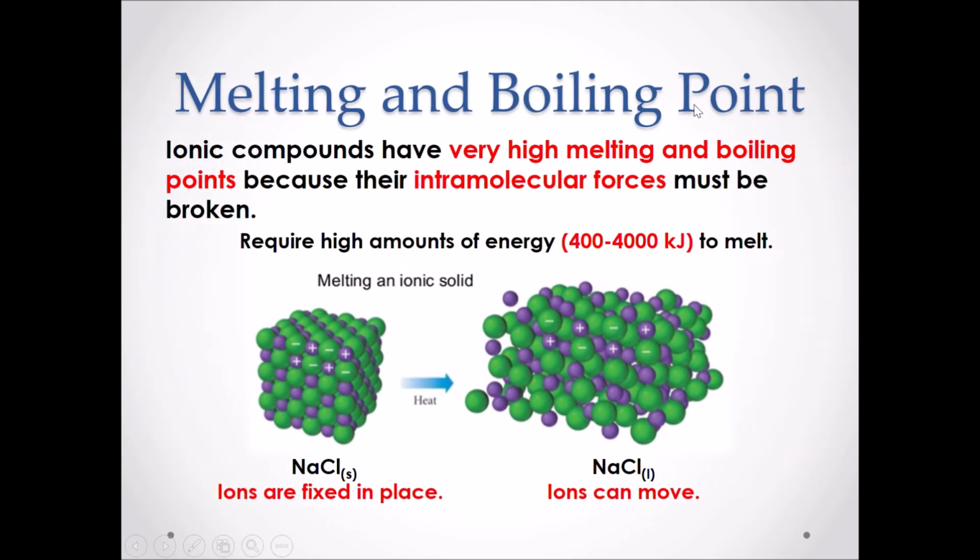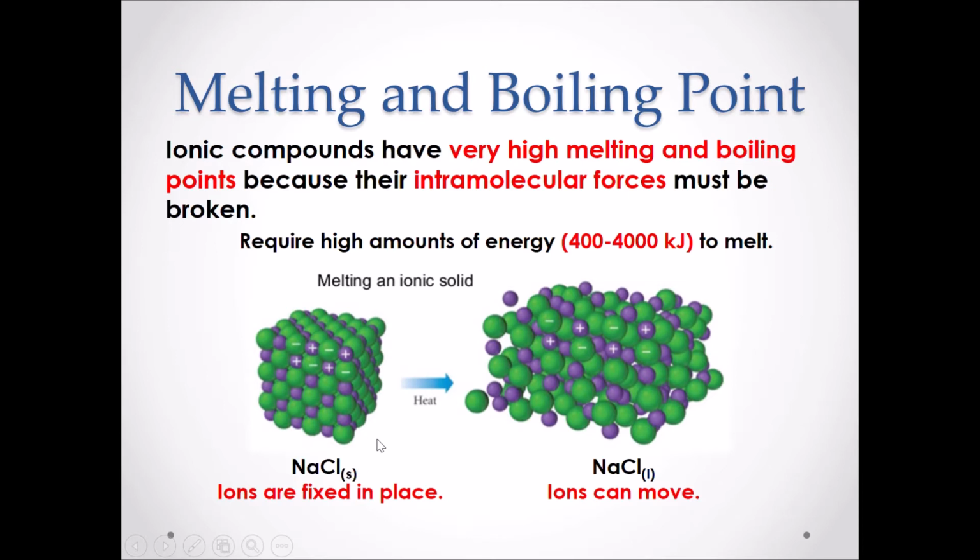Melting and boiling points of ionic compounds. Ionic compounds have very high melting and boiling points because their intramolecular forces must be broken in order to melt or boil. That means we actually have to break the bond between the ions, between the Na and Cl.